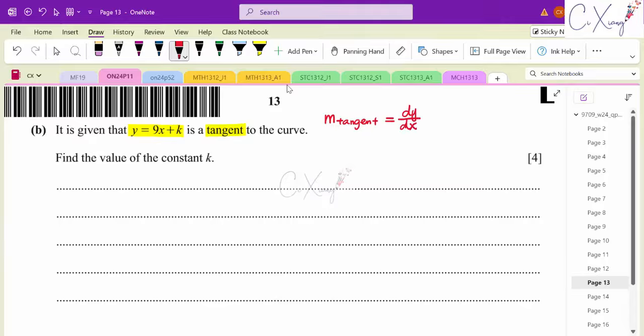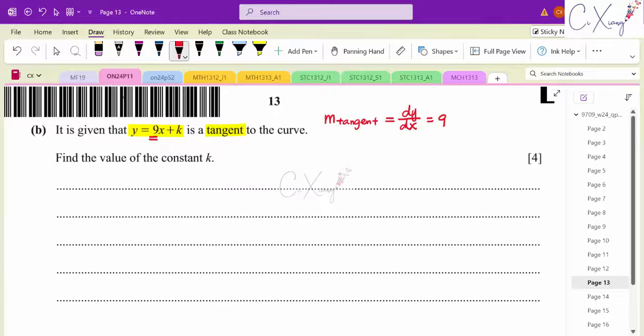And from the equation given, they already tell us that this is the equation of the tangent. So from here, I know that the gradient of this tangent is 9, since y equals mx plus c, right? So the gradient is equal to 9. And I know that dy dx can be equated to 9. We are going to use this information to solve the rest of the question.